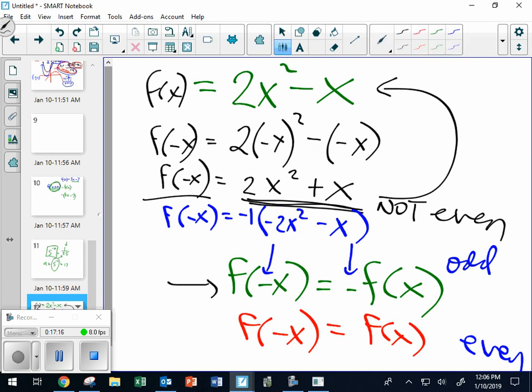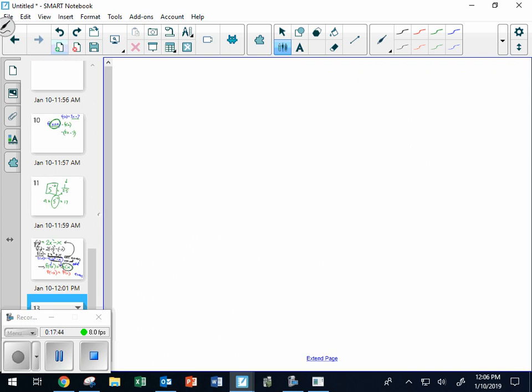It shows you that if you have a negative in front of f of x, then it's an odd function. So, is this right here f of x? Nope. So final answer, this was not odd. So if it's not even and it's not odd, it's called a neither. All right, if I try this one.